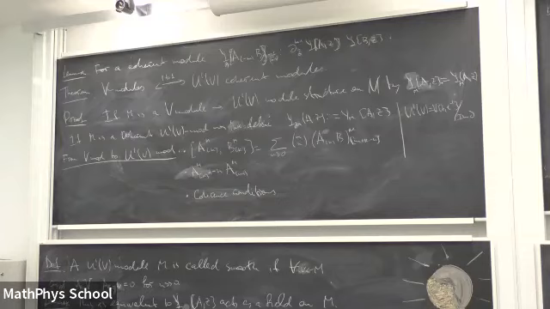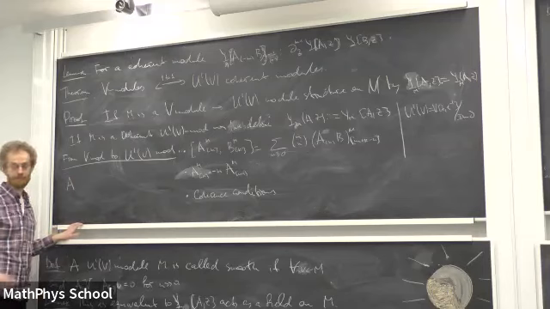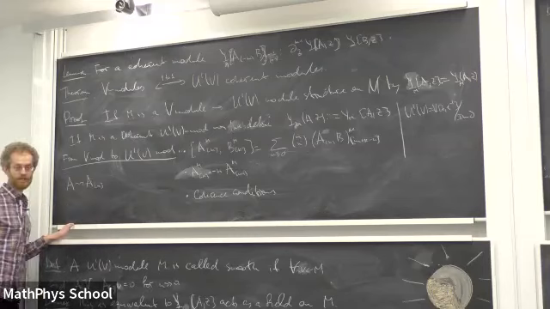Say it again, what composition do you mean? Well, we have a map, but what kind of map? So you see, for each A from V, we can construct the elements A n.